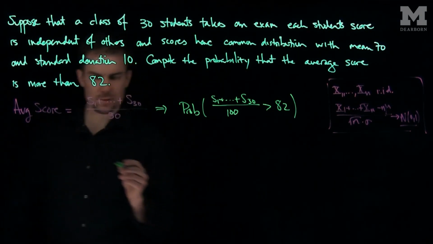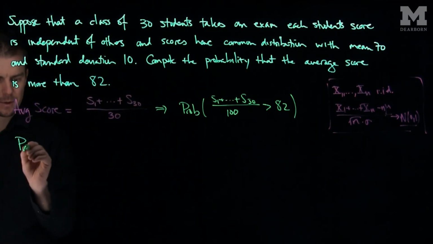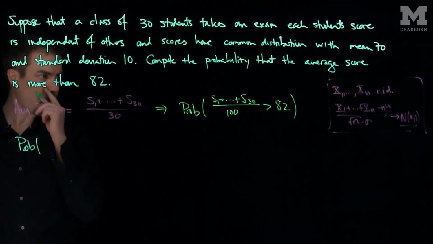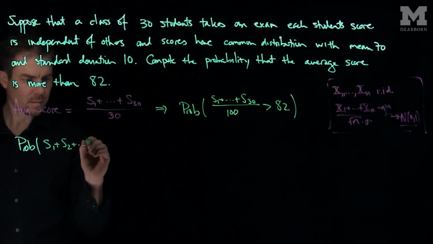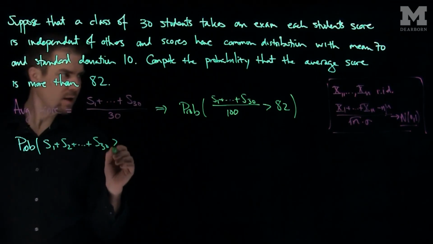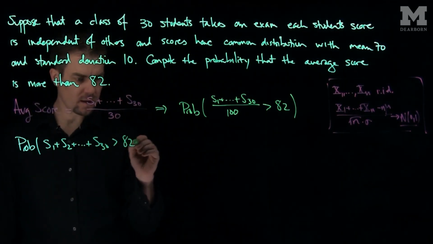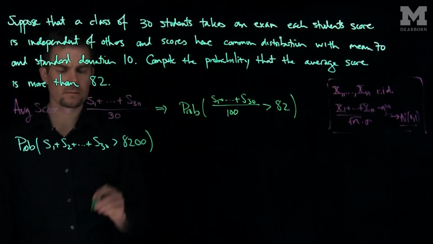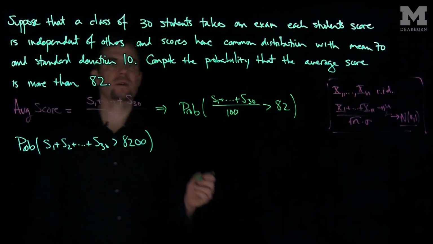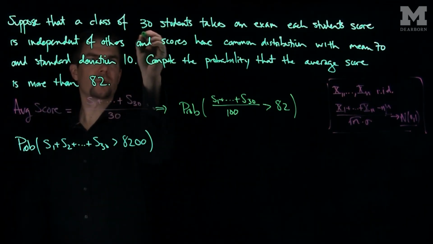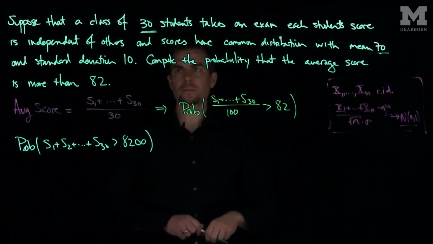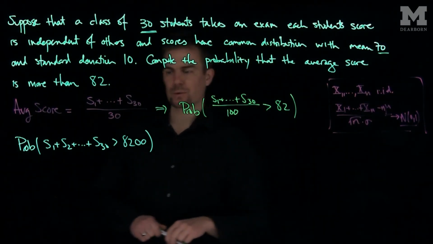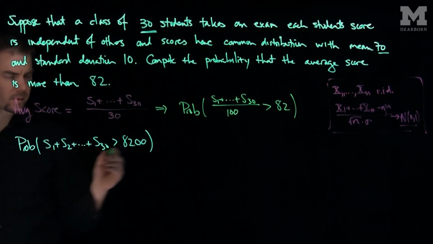We can first multiply by 100 and find that our probability is equivalent to the probability that S1 + ... + S30 is bigger than 8,200. Then we'll subtract off n times the mean. We have 30 students, that's our n, and the mean is 70.